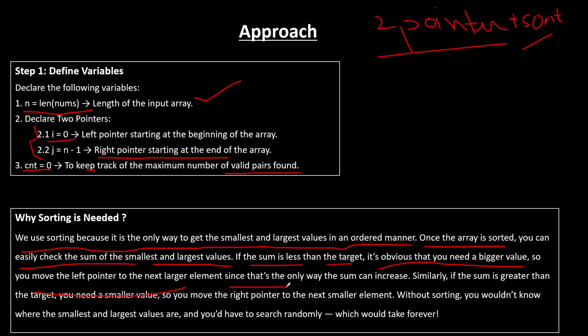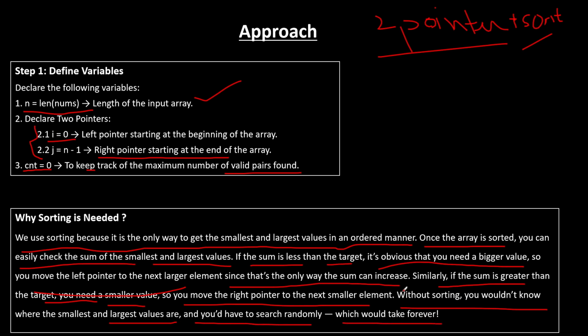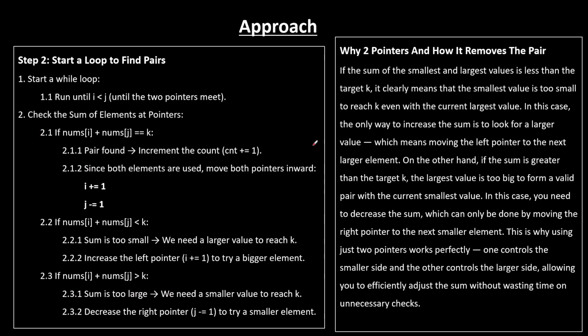Similarly, if the sum is greater than the target, you need a smaller value, so you move the right pointer to the next smaller element. Without sorting, you wouldn't know where the smallest and largest values are. You would have to search randomly, which would take forever and also increase the complexity of our problem. Since we know the smallest element is here and the largest element is here, we can take out the sum very easily.